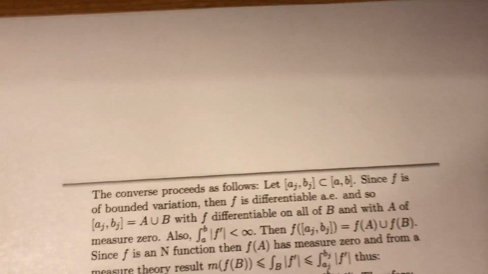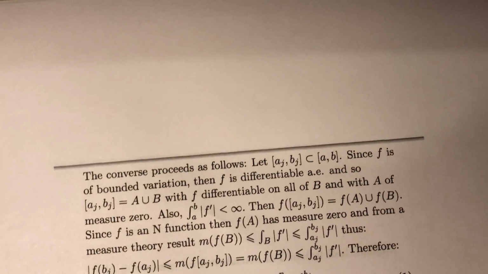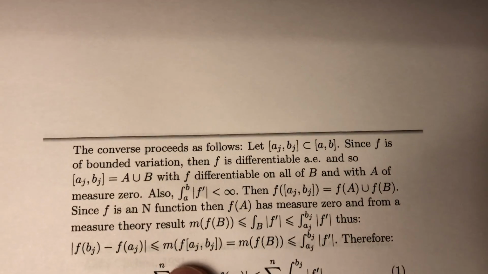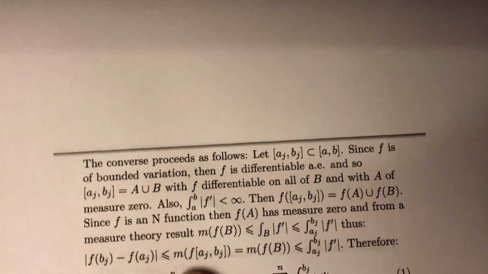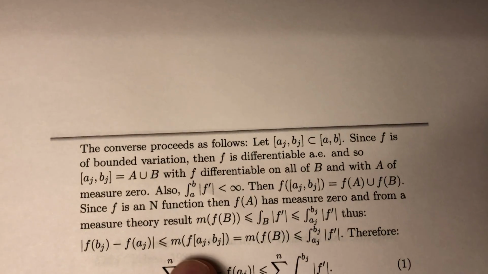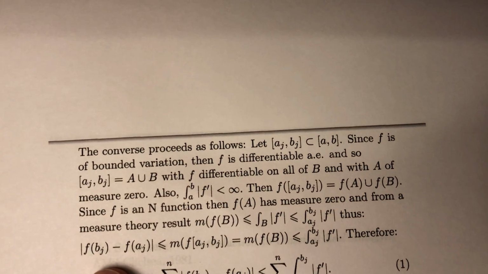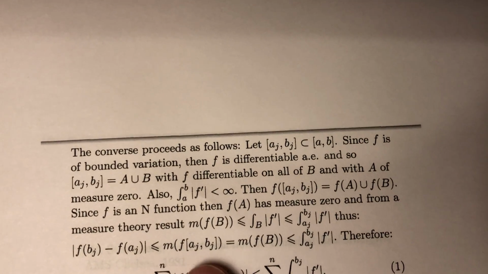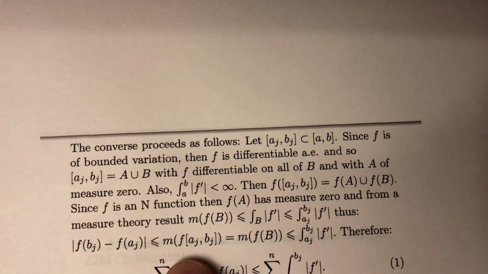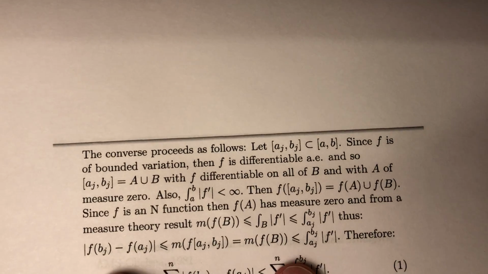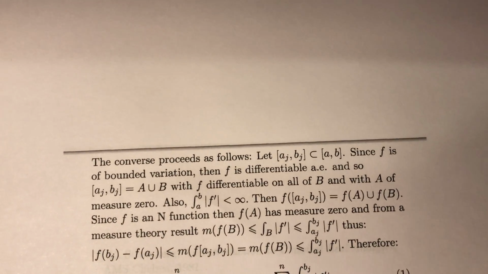Using that result, for the measure of this interval right here, since f is continuous, this is a nice compact set, and so f of b_j minus f of a_j is going to be less than or equal to this, and then by this result from measure theory we get this inequality.